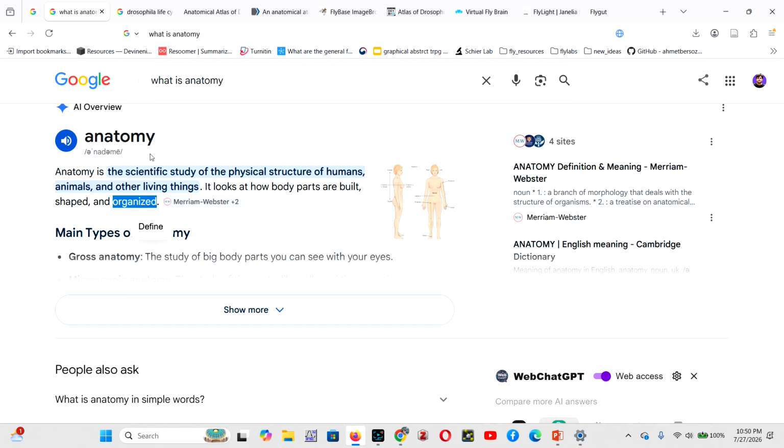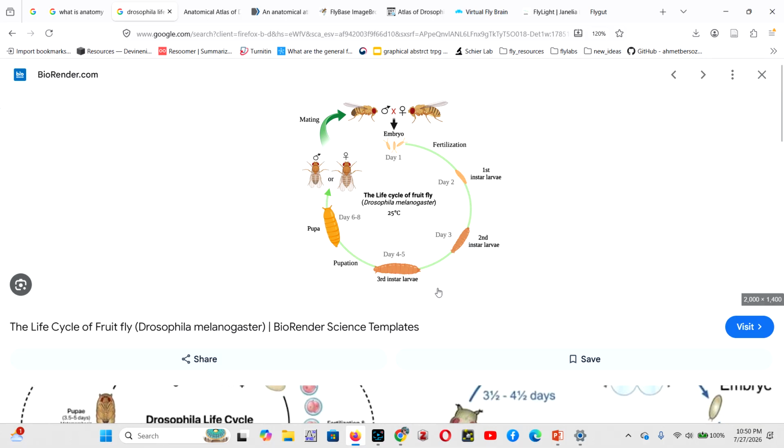We're not going to talk about the larval stage or the pupal stage, but to give you an idea, if you are very new to this Drosophila field, I just want to tell you about the life cycle, and it's a very simple life cycle. On a very good day, the Drosophila takes around 10 days to become an adult.